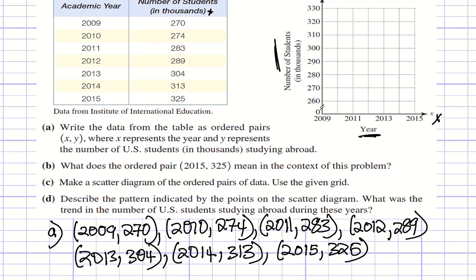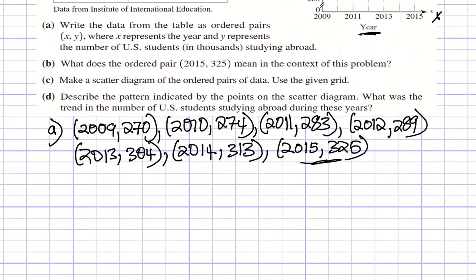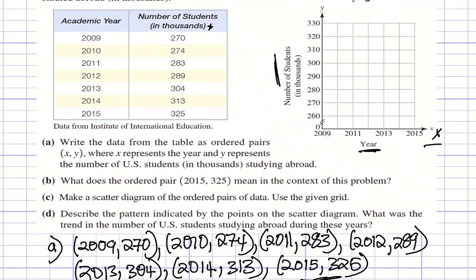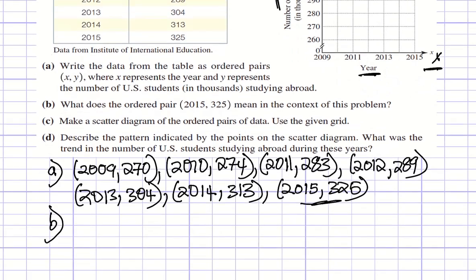And then you ask, what does the other pair, 2015 and 325, that's this one, mean in the context of this problem? See, these are questions that help you to understand what is going on. Because this is a linear equation in two variables, x and y. And x represents year, y represents number of students.